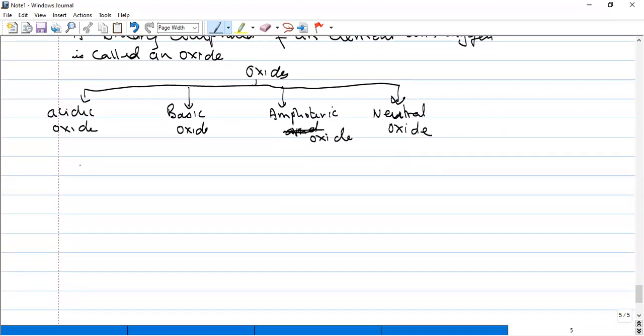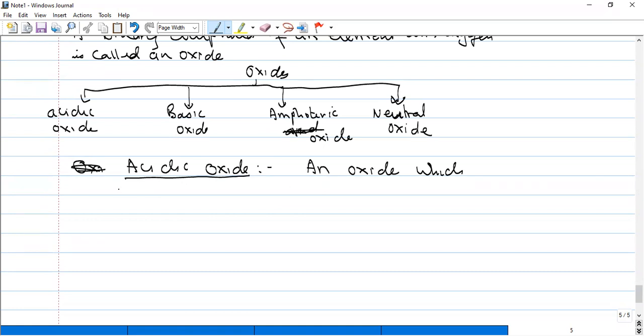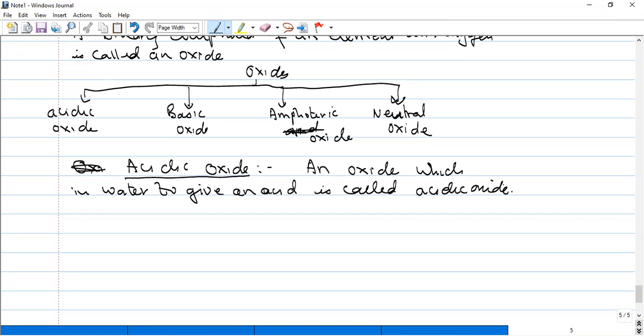Acidic oxide. An oxide which dissolves in water to give an acid is called acidic oxide. या उसका दूसरा डेफिनेशन क्या है?